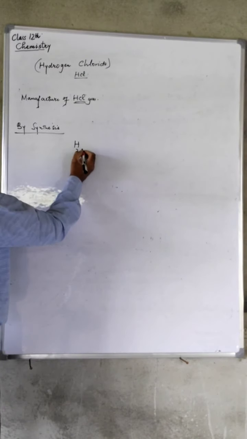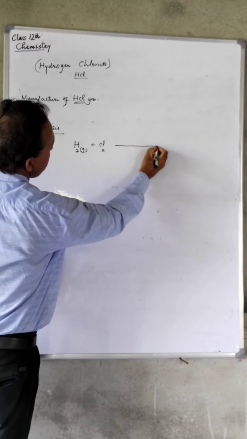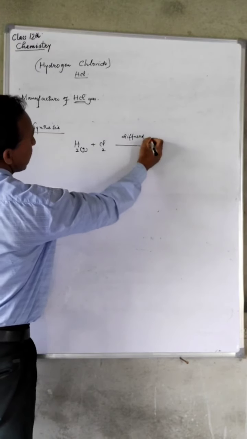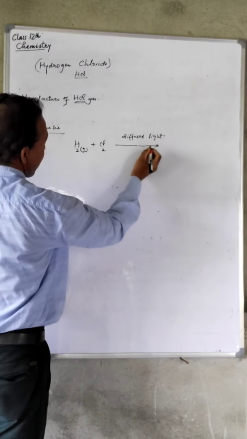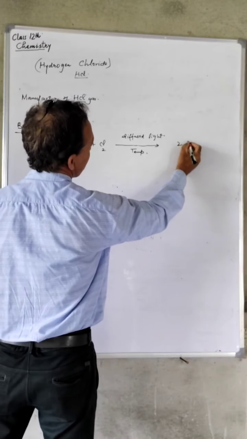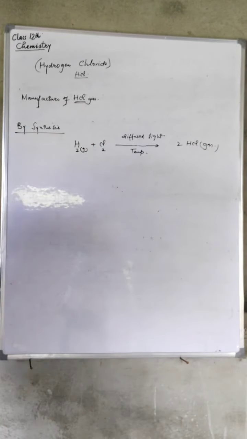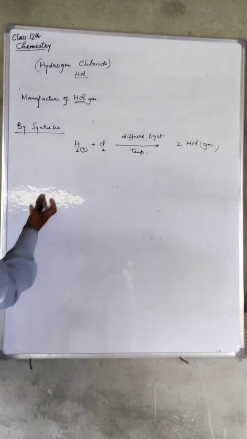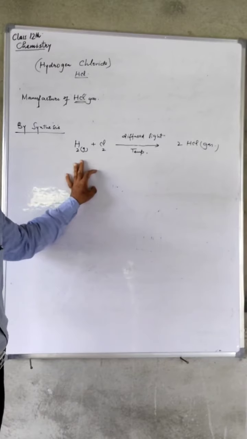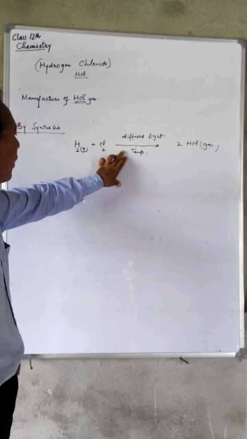So hydrogen gas plus chlorine, in diffused light, in presence of sunlight or at high temperature, forms HCl gas. This is the simple technique by which we allow hydrogen and chlorine to react in presence of light.